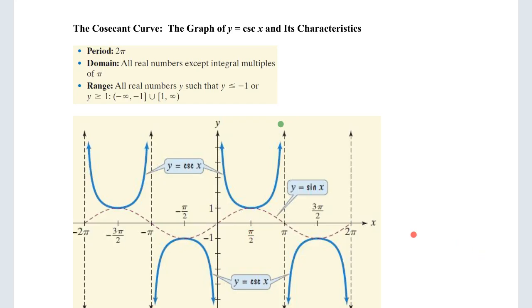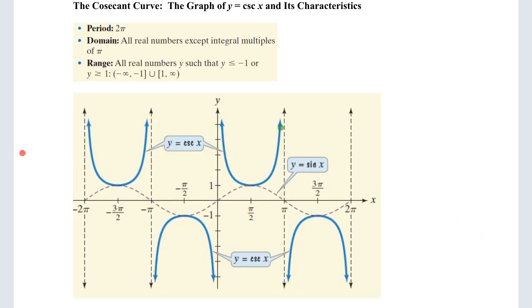As you can see from the illustration, the shapes that look like parabolas are the graph of the cosecant function, and the dotted line is the graph of the sine function.